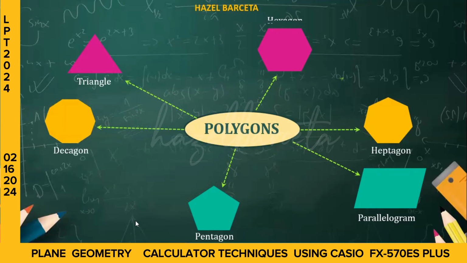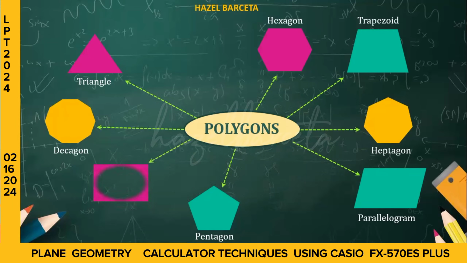Next, we have another 4 sides, quadrilaterals. What is this? Trapezoid. About this one? 4 din, but it is a rectangle. So we have 3 quadrilaterals here of different types. Next.